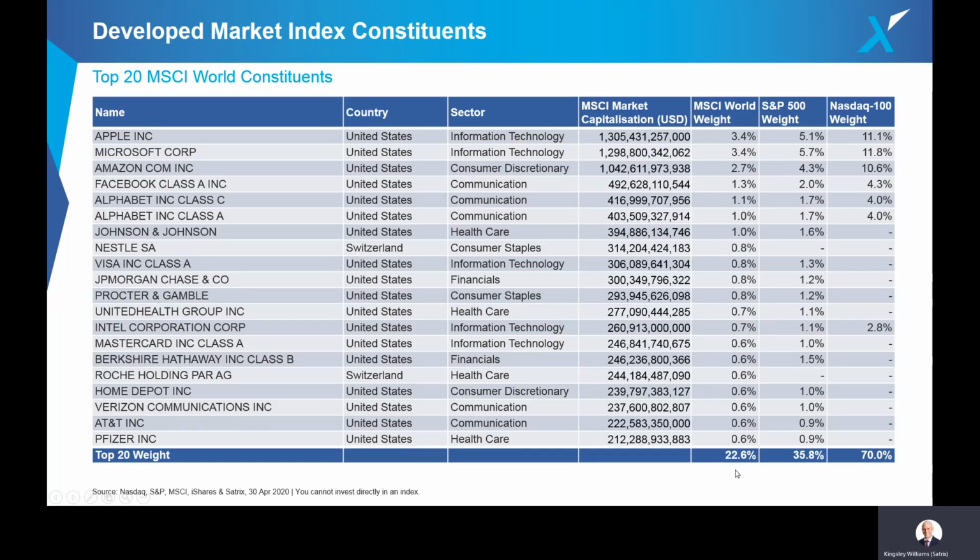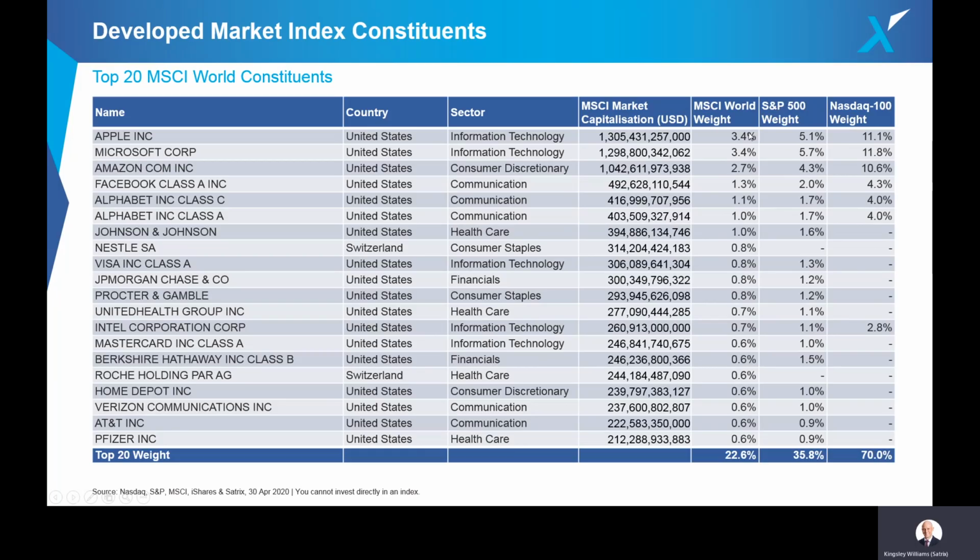One final point to note is the top 20 weights at the bottom here. This is the top 20 weights of each index, even though I haven't shown all top 20 names for each index. The cumulative weight of those top 20 names is plotted at the bottom here. And you'll notice that as you go into a narrower, more concentrated index, this number increases as you move from left to right.